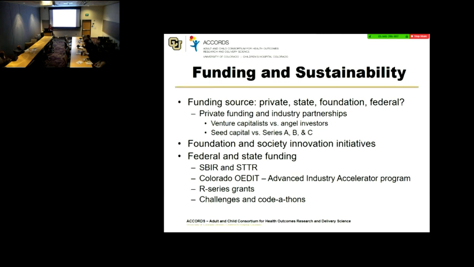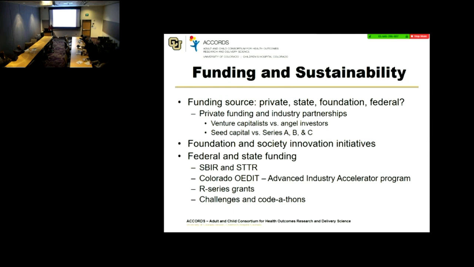SBIR and STTR. These are federal initiatives that come through the NIH, which must set aside a certain percentage, as dictated by Congress each year, out of all of the grant monies that they award, for small business innovation research, and STTR is also small business research, but more focused on technology transfer research.